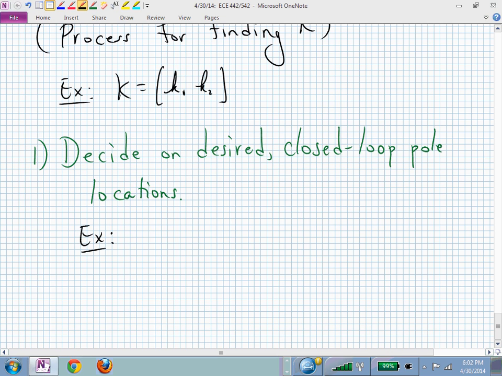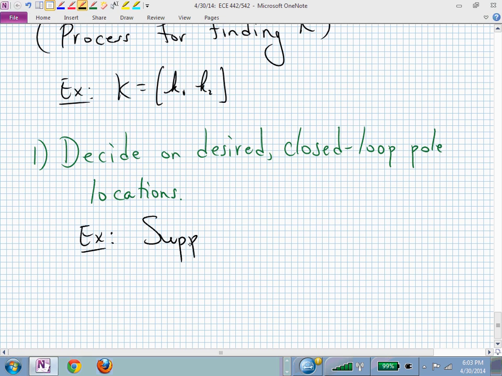So you might pick a couple at 0.9 plus and minus j 0.1, and then you might put the other ones at 0.8, all 8 of them, just to simplify your design. That's one example. Here we only have to pick 2 because we have a second order system.